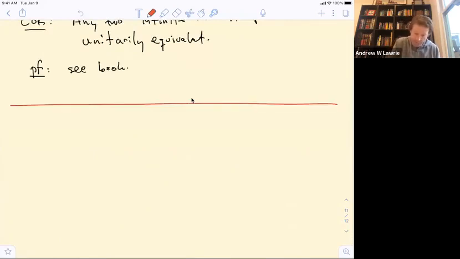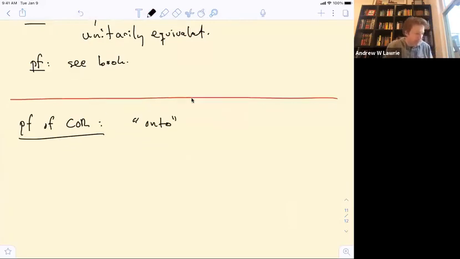So, proof of corollary, onto. Just let a_n be any element in little L2 of Z, any sequence.